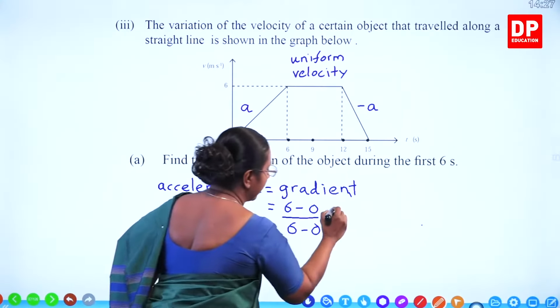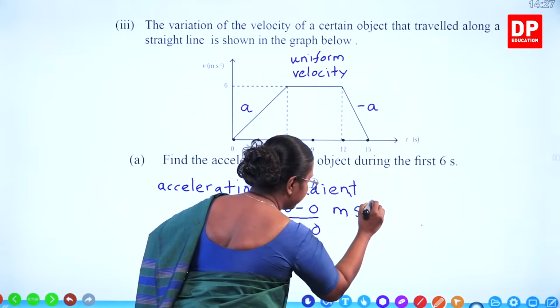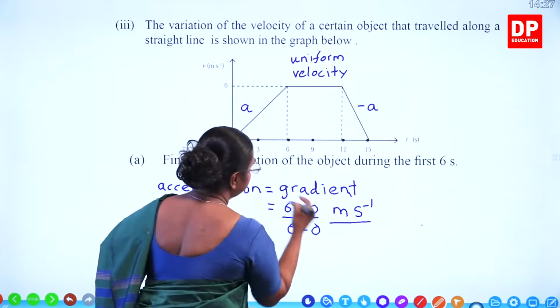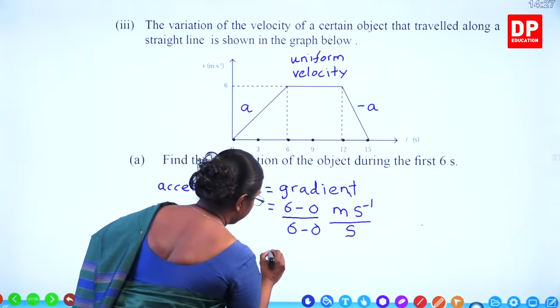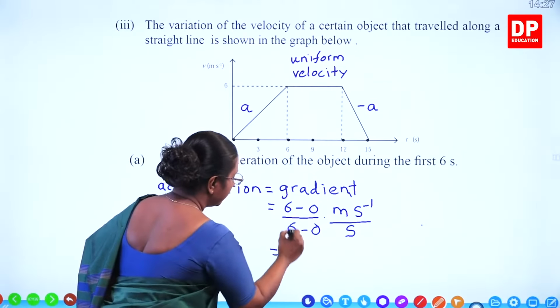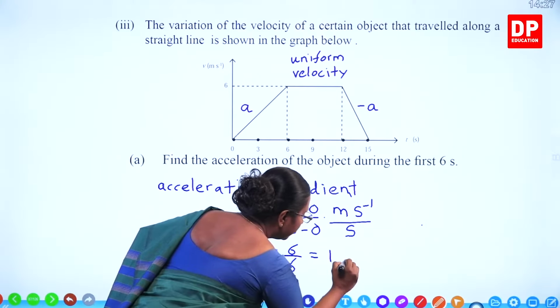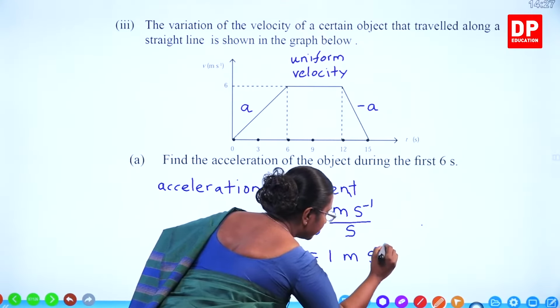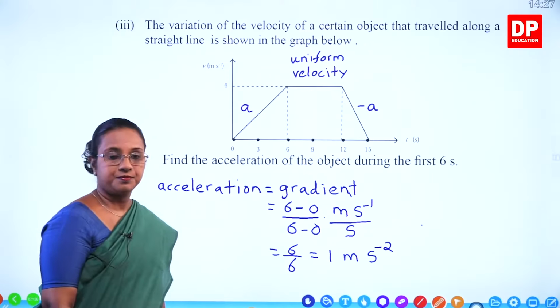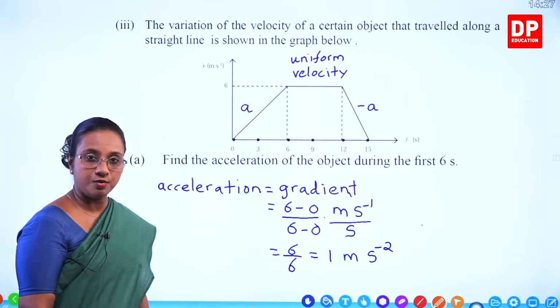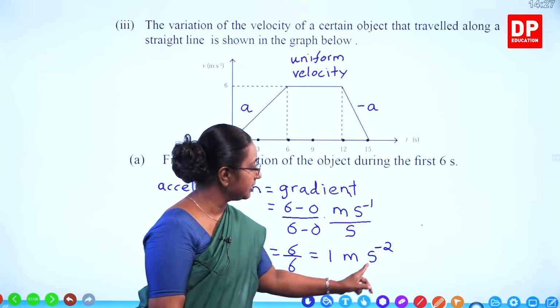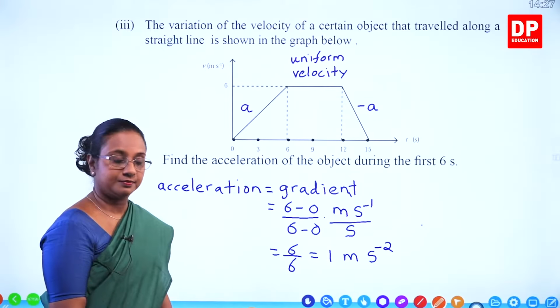So on top we have the unit meter per second and we divide that by seconds. So that is equal to 6 over 6, 1 meter per second square. The acceleration of the object is 1 meter per second square.